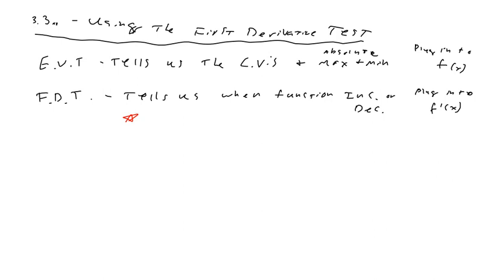With the first derivative test, we can also tell if something is a relative max, also called a local max, or a local min.